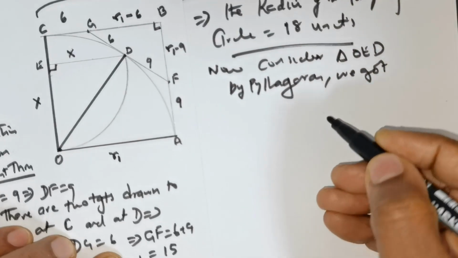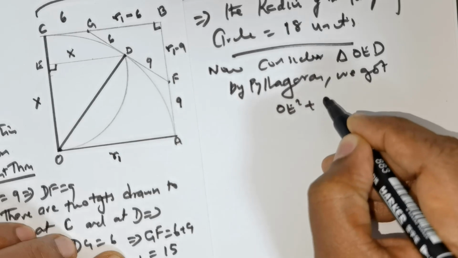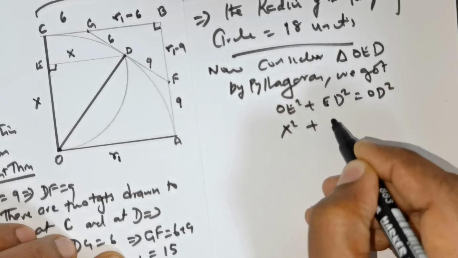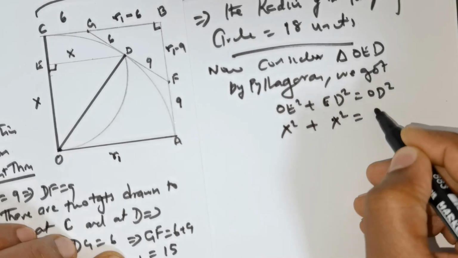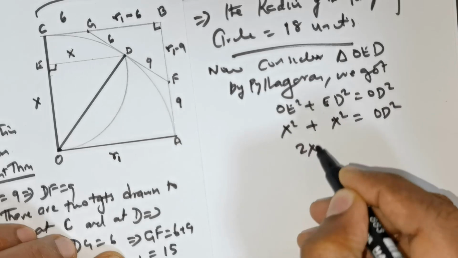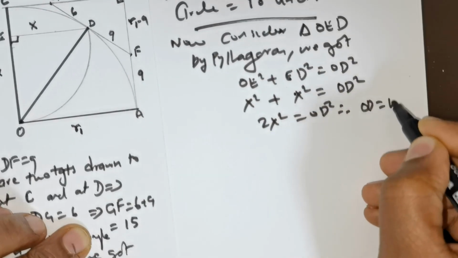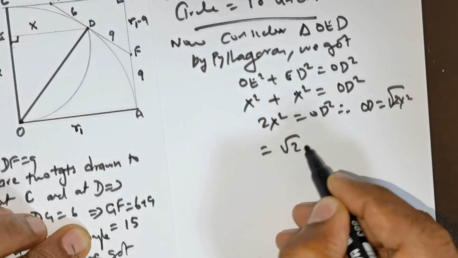By Pythagoras we got OE squared plus ED squared is equal to OD squared. OE squared is x squared and ED squared is x squared. OD squared we need, so this is 2x squared is equal to OD squared. Therefore OD is equal to root of 2 times x squared, which is equal to root of 2 times x.